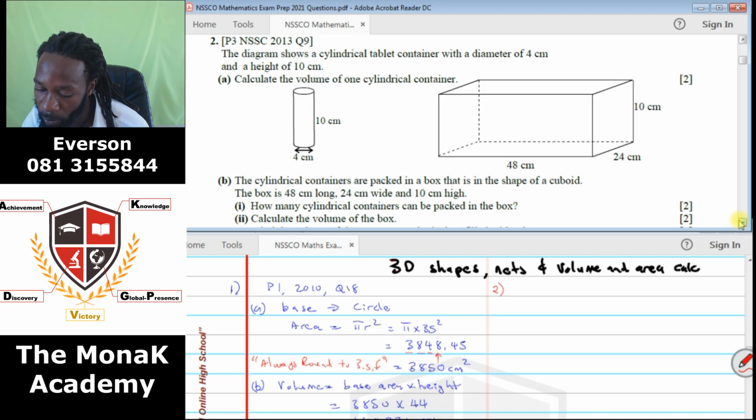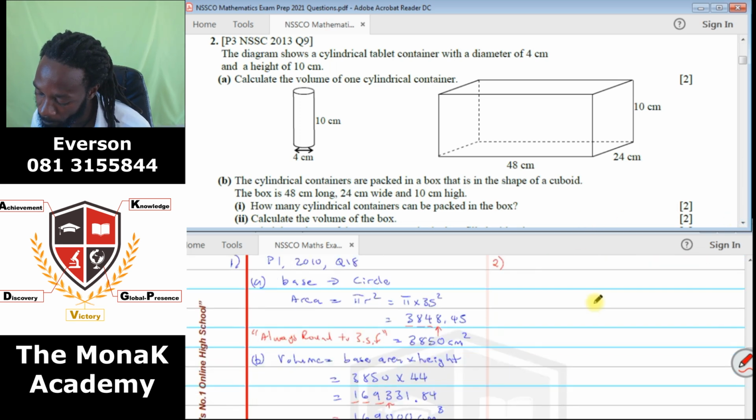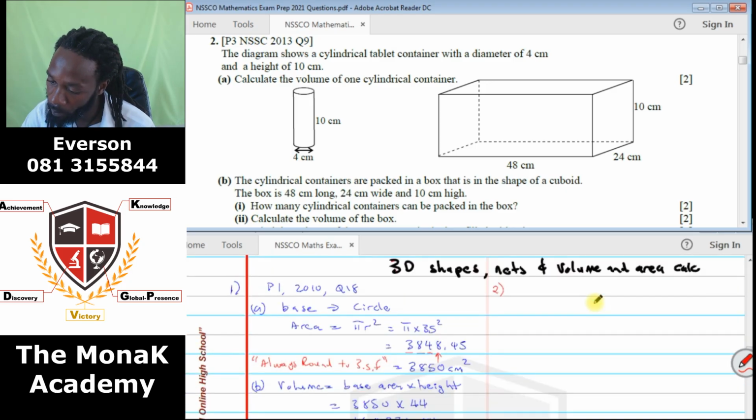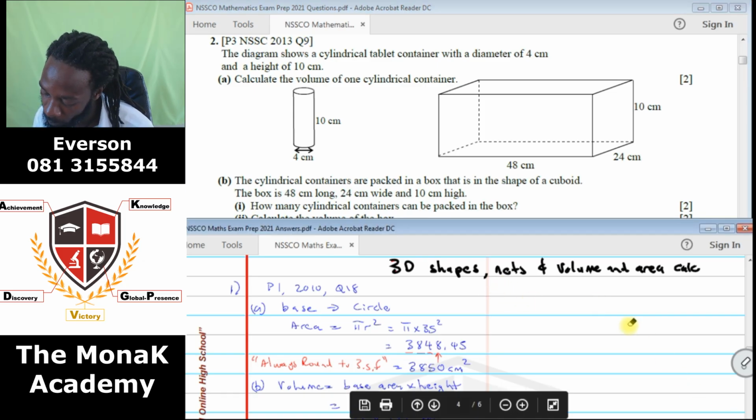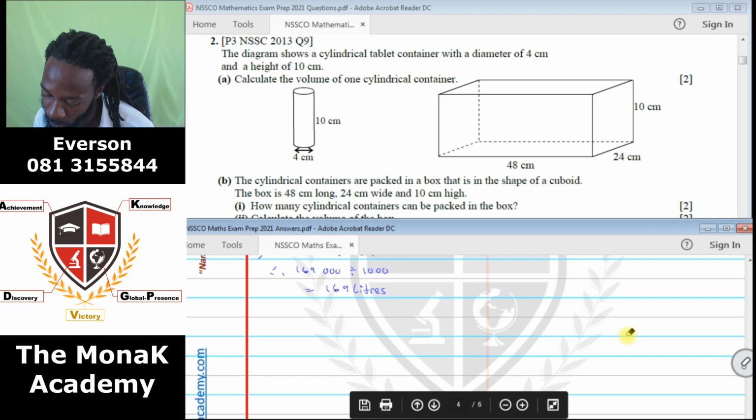Number 2 is coming from, let's continue going down and then we'll come back up.